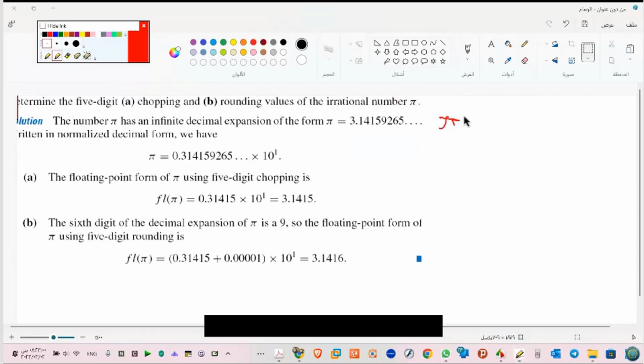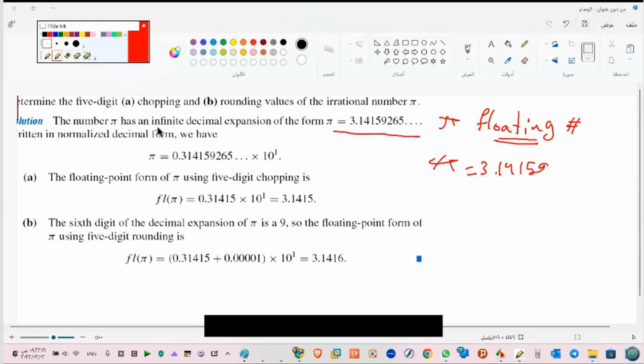Pi is a floating number, which means I don't have an exact answer. Pi, for example, can be 3.14159, as you see here. The number pi has an infinite decimal expansion, so I don't have an exact answer for pi.